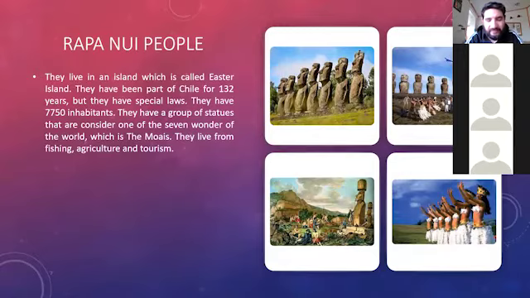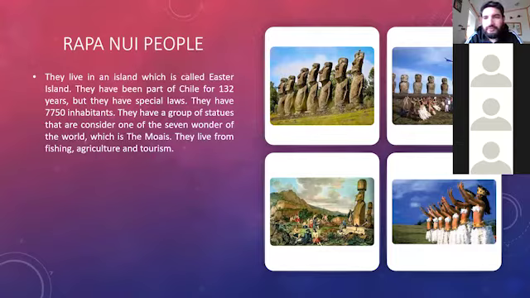They have a group of statues that are considered one of the seven wonders of the world, which is the Moais. They live from fishing, agriculture, and tourism. Thank you very much.